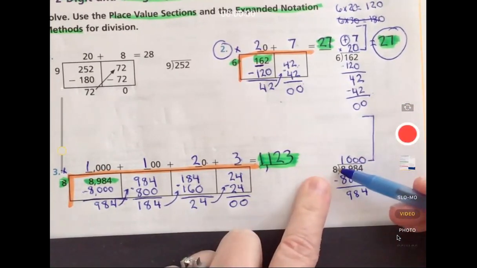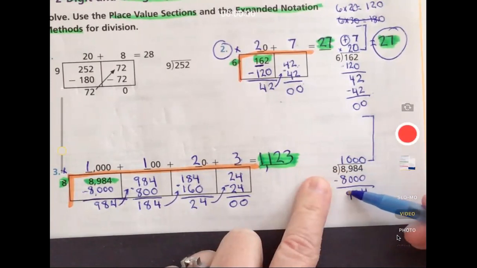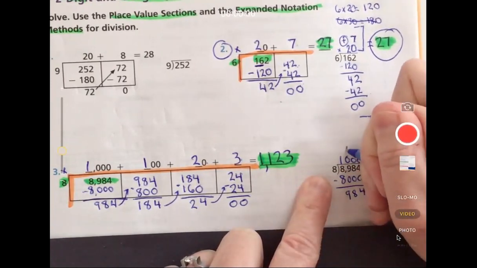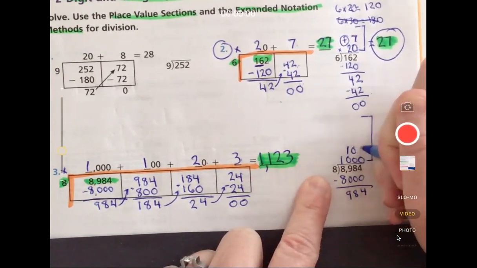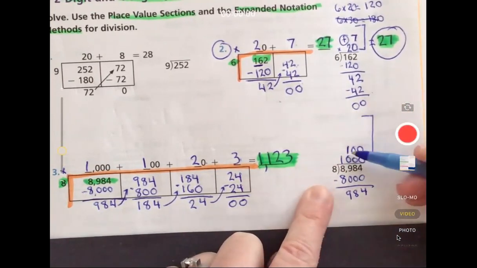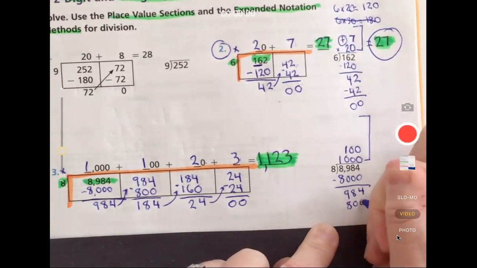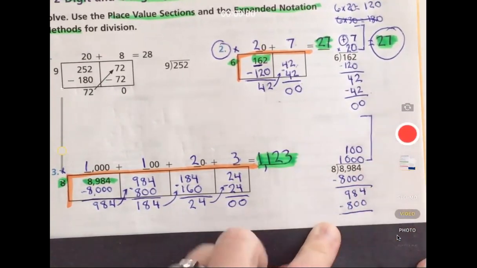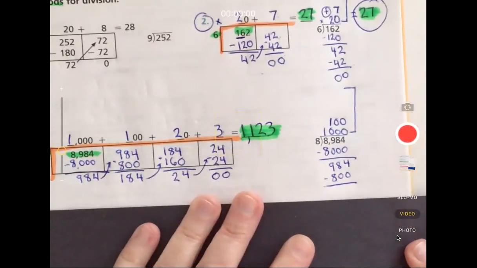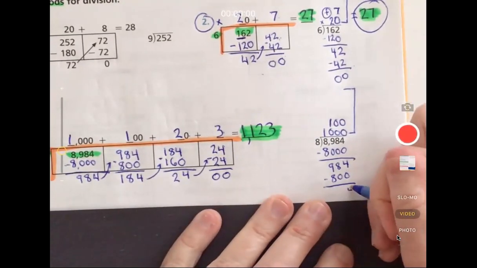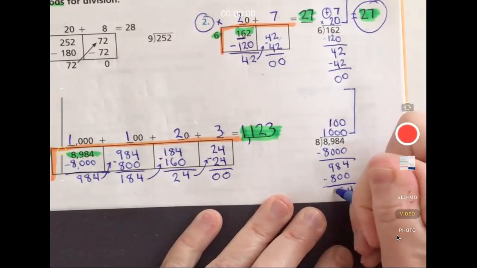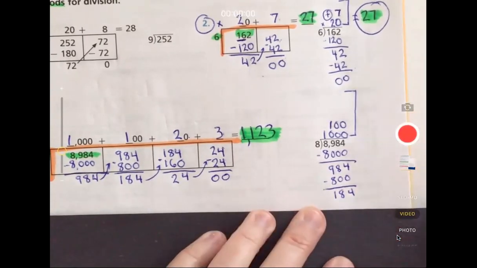So now we're thinking 8 times what gets me really close to 9? And remember, now we're in the hundreds place. So it's 1 again. 1 times 8 is 8. And our 2 zeros to show the hundreds place, so that's 800. We'll subtract 4, 8, 1, so 184.